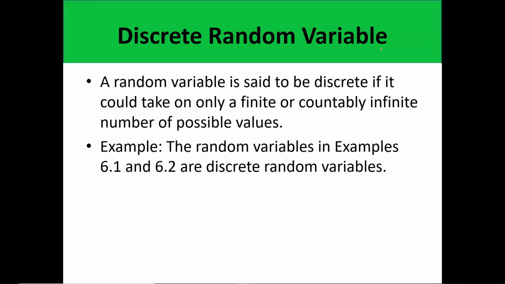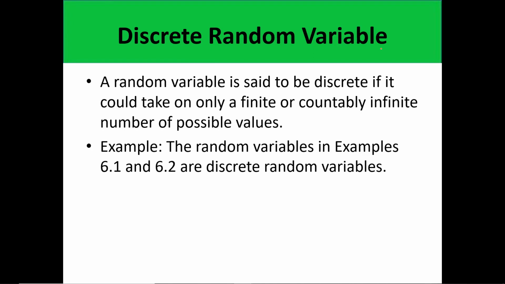Now, since a random variable is a number assigned to each outcome of an experiment, it's considered a quantitative variable. Just like quantitative variables, it has two types. It could be a discrete random variable or a continuous random variable. A discrete random variable is a number assigned to an outcome of the sample space wherein the number results from counting.